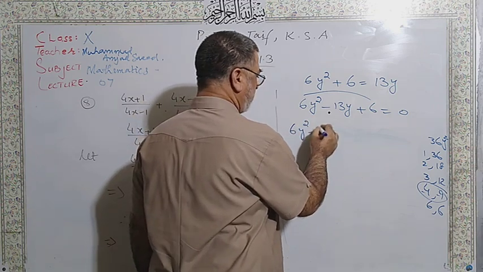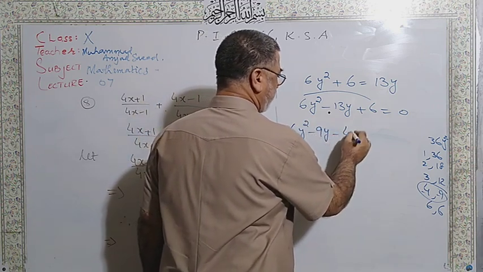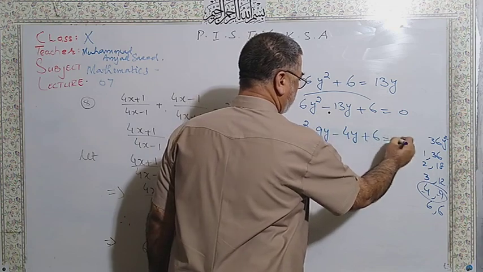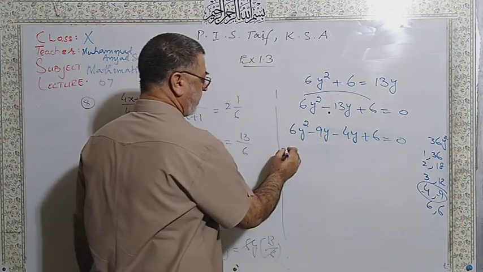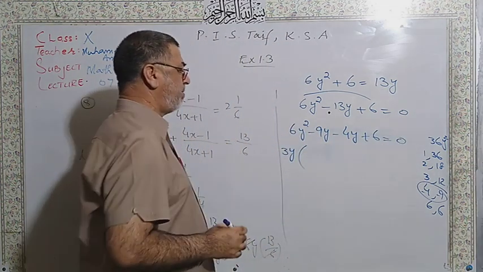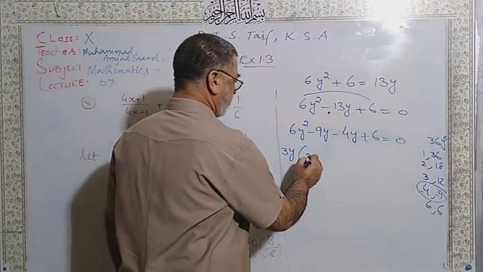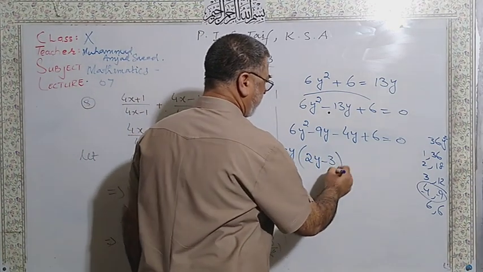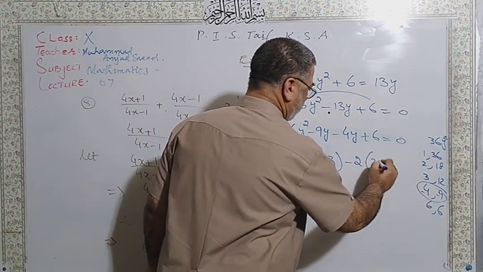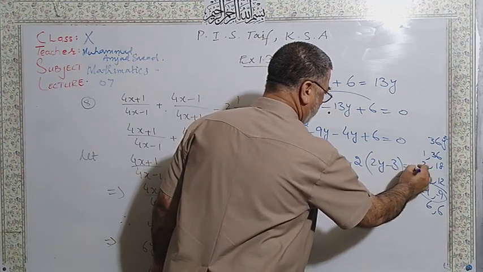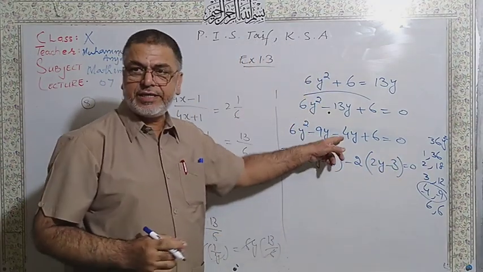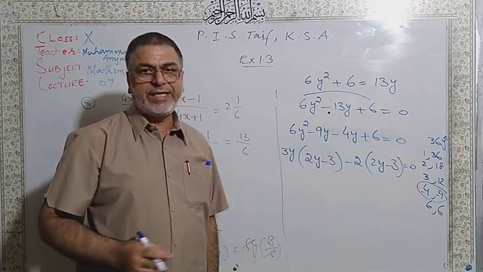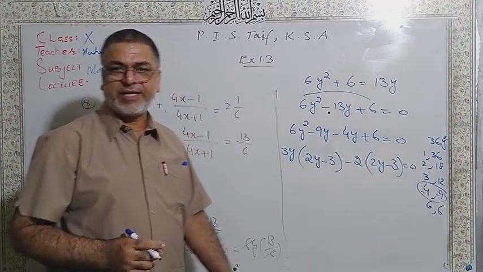6y square minus 9y minus 4y plus 6 is equal to 0. Here you can take 3y common: 2y minus 3, and minus 2 common: 2y minus 3 is equal to 0. Remember that when you are taking negative common, there will be a change of sign inside the bracket.